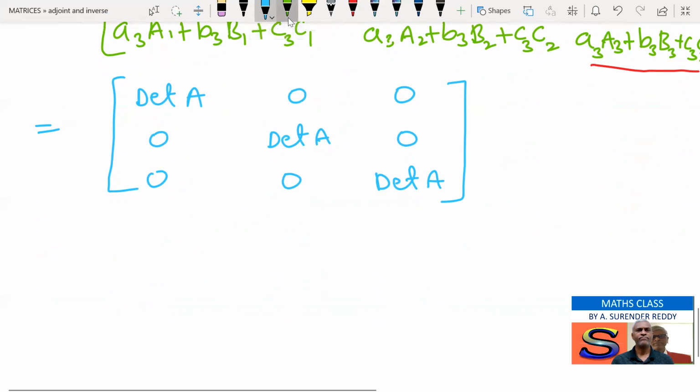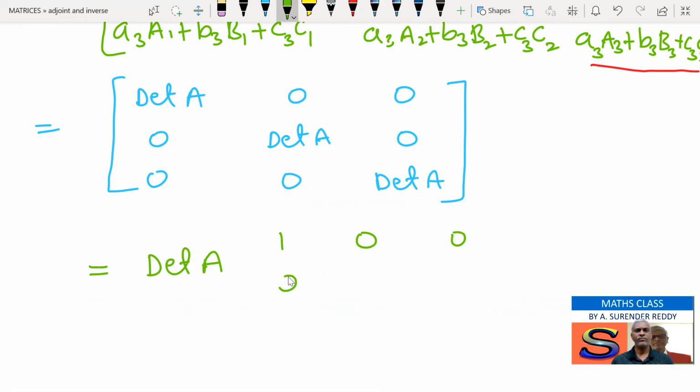Next, taking det A common, this can be written as det A into [1 0 0; 0 1 0; 0 0 1].